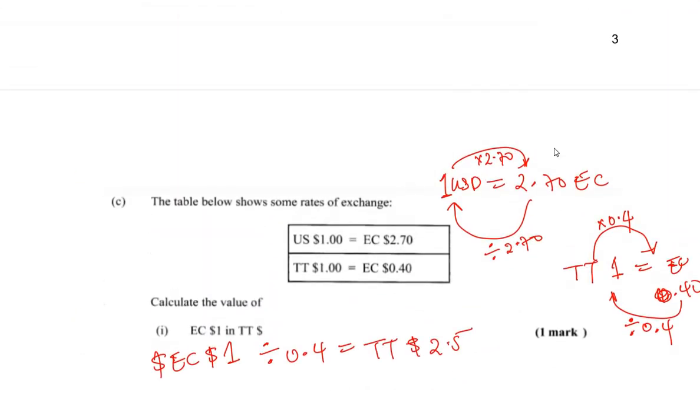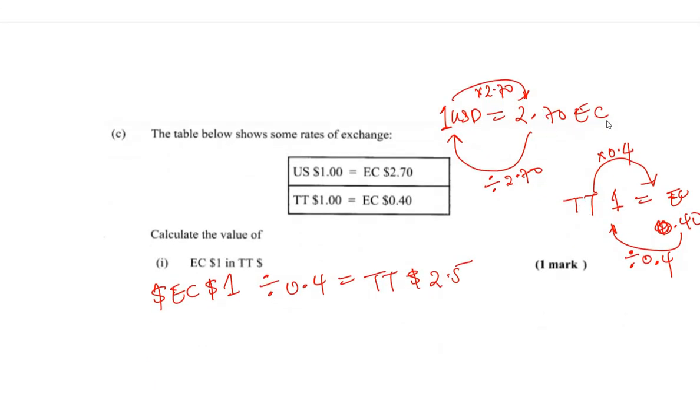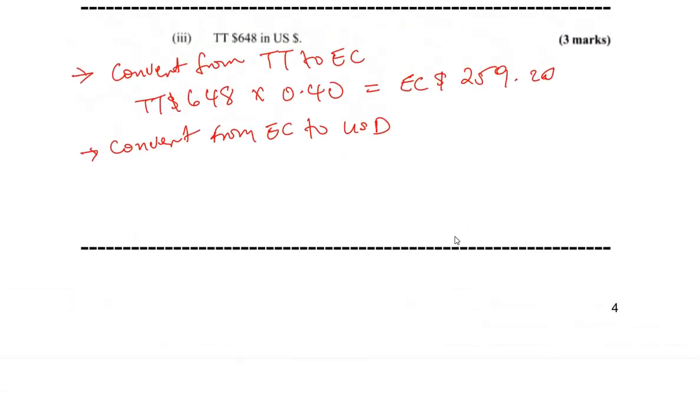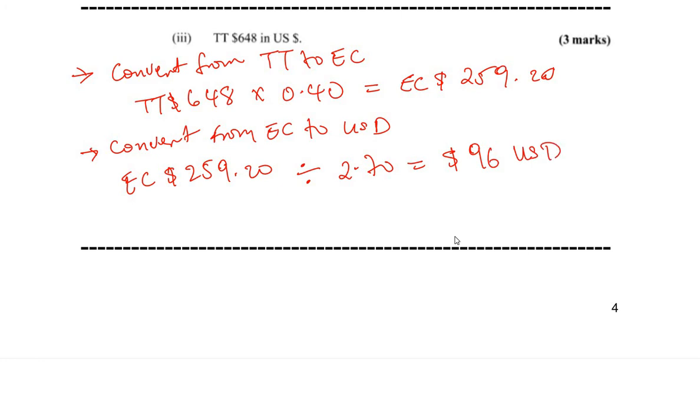Converting from EC to US dollars, we divide by 2.70. So we're going to divide the EC dollars 259.20 by 2.70, and that's going to give us $96 US. And that's it.